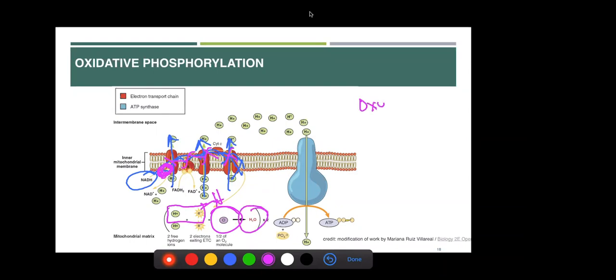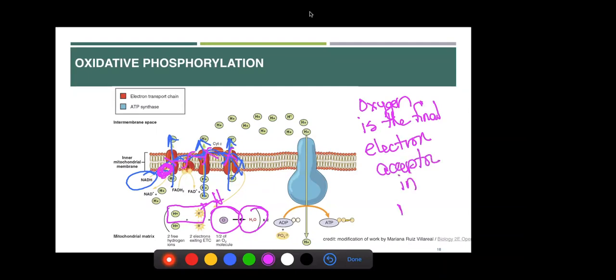So oxygen, I'm going to drive my point home. Oxygen is the final electron acceptor in the ETC. It's the final electron acceptor.